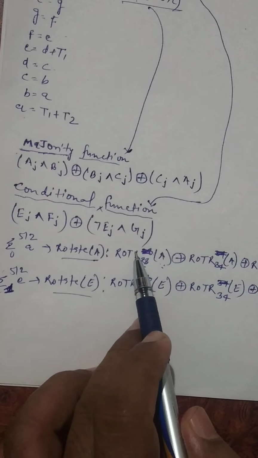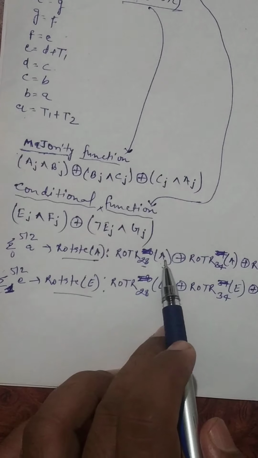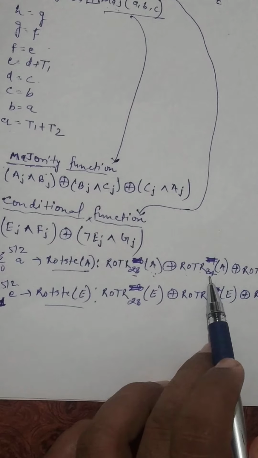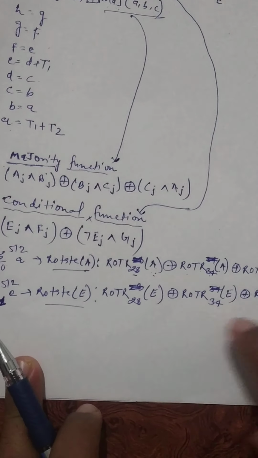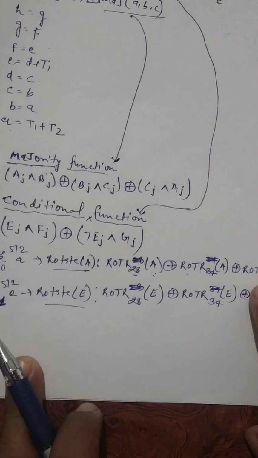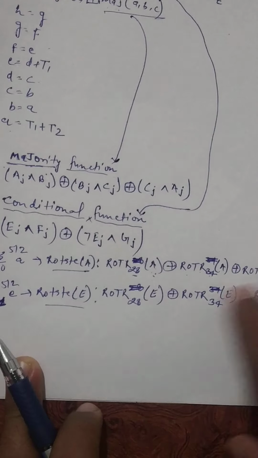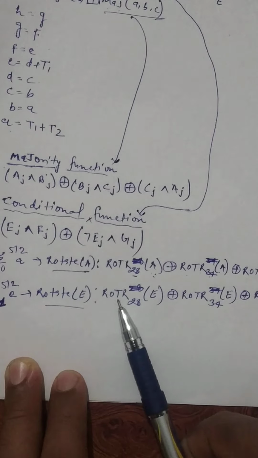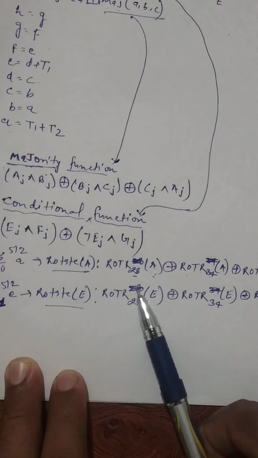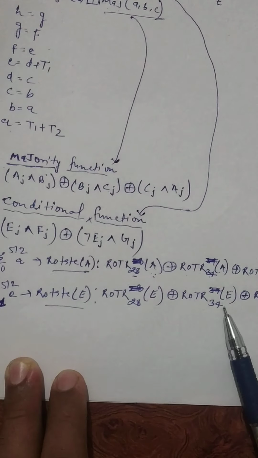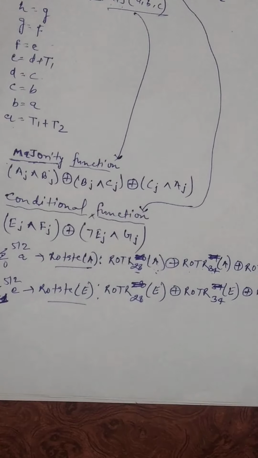Right circular shift of 28 bits of content A, again a right circular shift of 34 bits of content A, then again a right circular shift of 39 bits of content A. Similarly, here you can see the same content for E: right circular shift of 14 bits, then 18 bits, then 41 bits of content E. In this way we need to read it, for A and E.